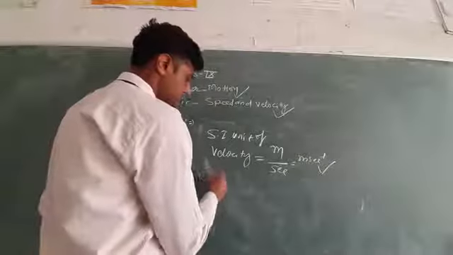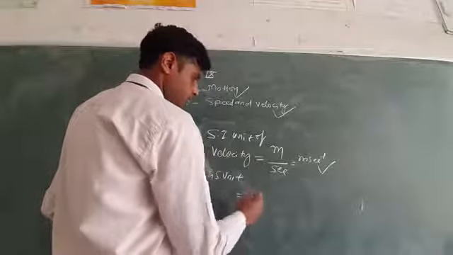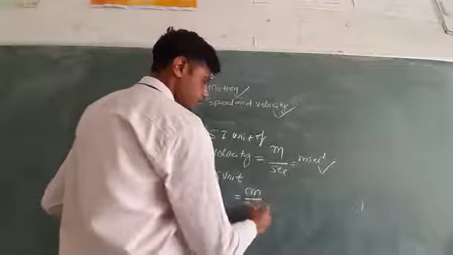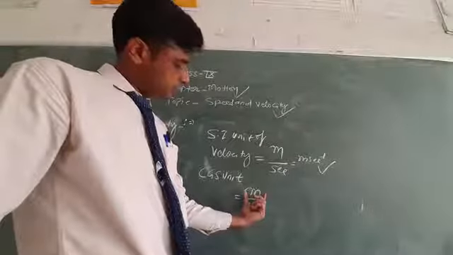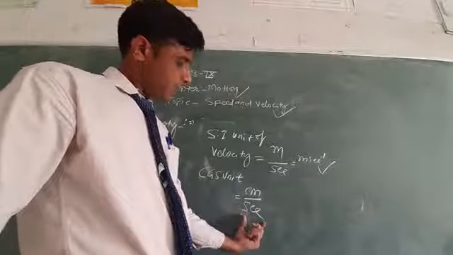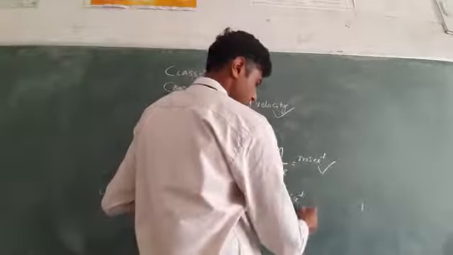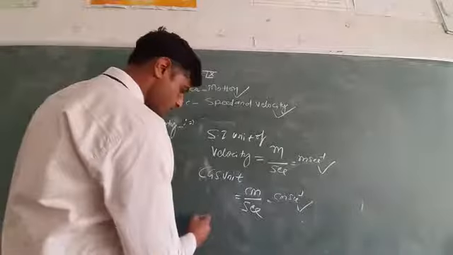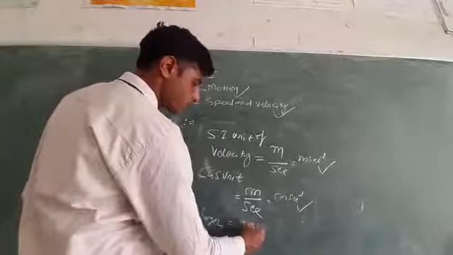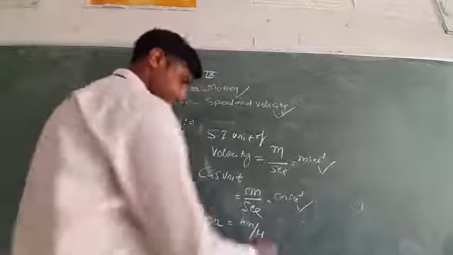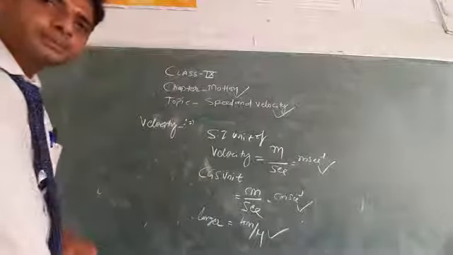And the CGS unit is centimeter per second, because centimeter is the CGS unit of displacement and second is the unit of time. So centimeter second inverse. And the larger unit is kilometer per hour.